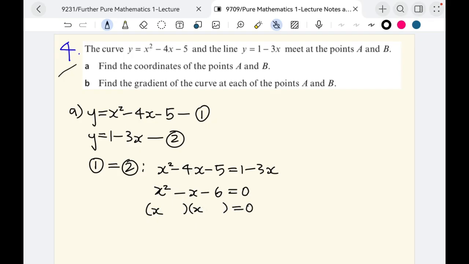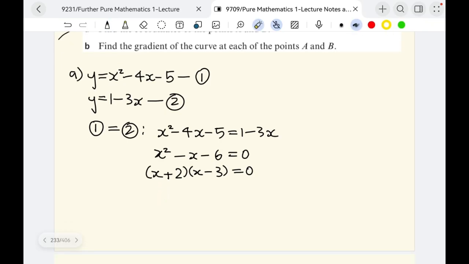Okay, what is the product of 6? 3 times 2. Okay, only 3 and 2 can make it. So write a 3 and a 2 at each side. Okay, what sign for each 3 and 2 to make -1? So 3 is negative, whereas 2 is positive.